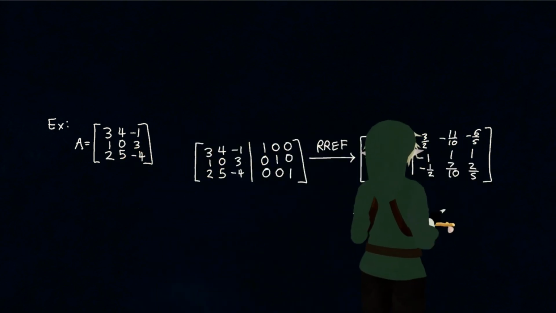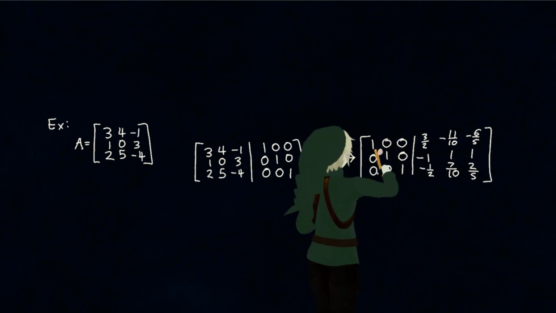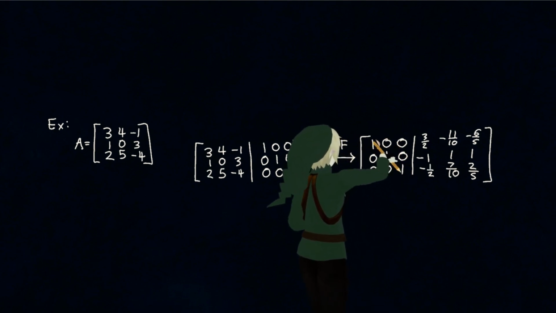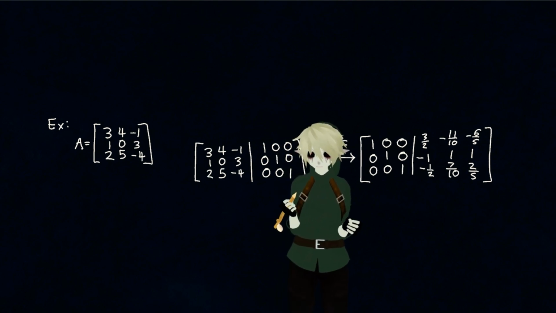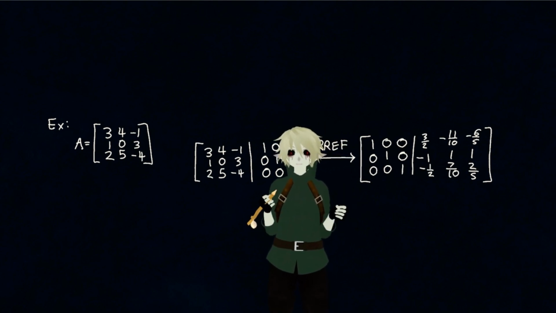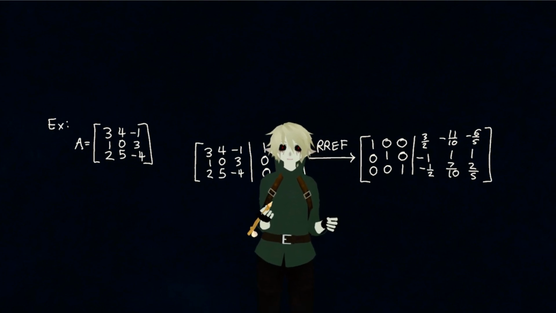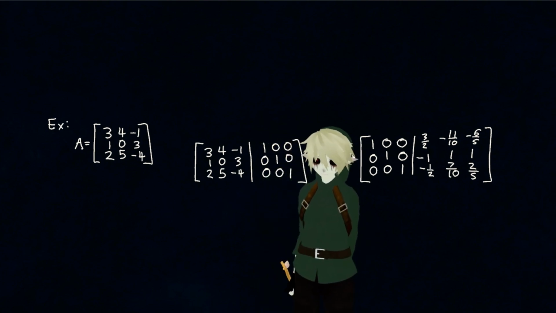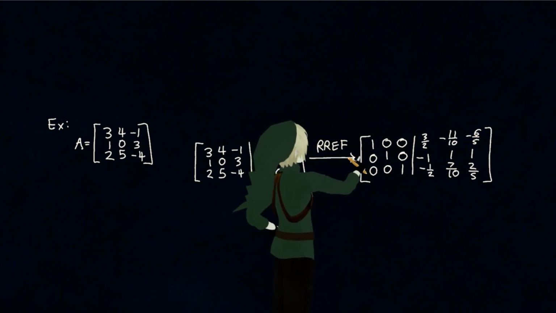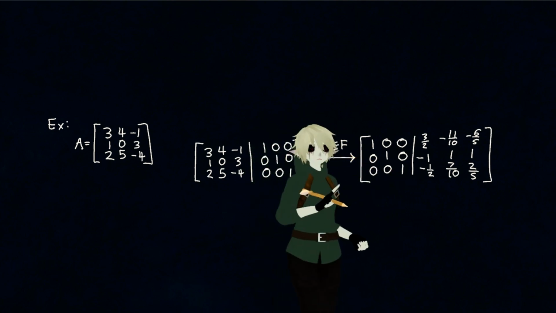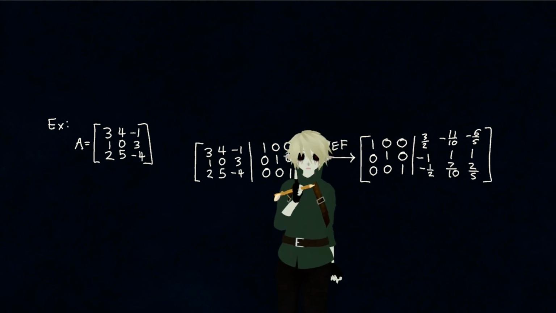Like I said, if this side does not end up looking like an identity matrix, then that means the square matrix you're looking for does not have an inverse.